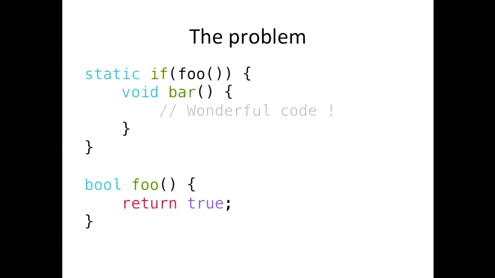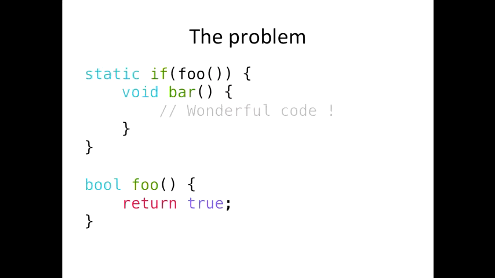You have 3, 4 passes, and then you emit some code. The problem is that you have to have completely analyzed foo to be able to do any CTFE, and you cannot even start to do anything with bar without having fully analyzed foo.